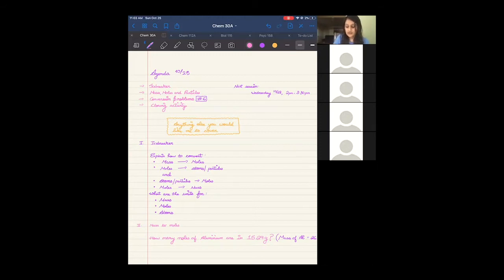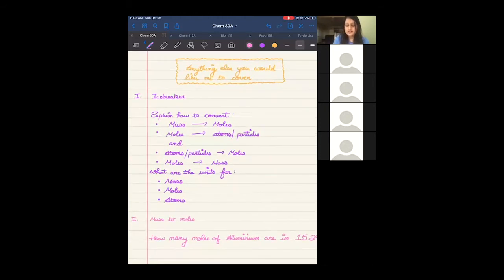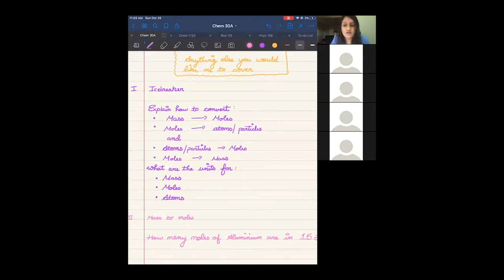But for the icebreaker today, for part 3, we are doing a lot of conversions. I got in the chat that we should work on balancing equations. We'll work on those for sure towards the end. For the icebreaker, we are going to explain how we convert from mass to moles, from moles to atoms or particles, and vice versa, from atoms to moles and moles to mass.